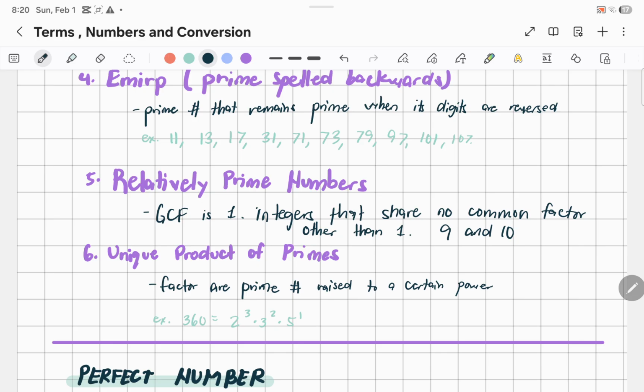Neither is a prime number, but their greatest common factor is just 1, because they only share 1 as their common factor. Nothing else. Even though they are neither prime numbers, they are still considered relatively prime numbers, in a way that when they are together, the greatest common factor is 1.